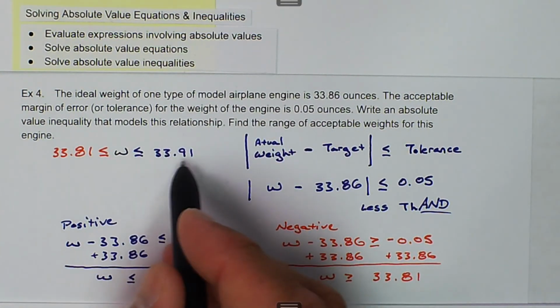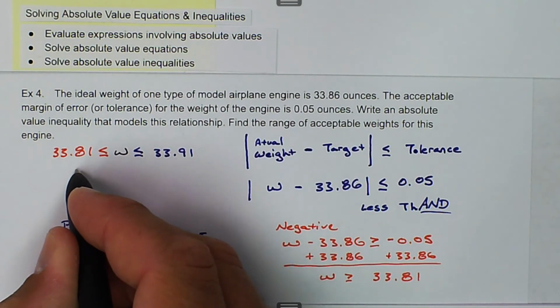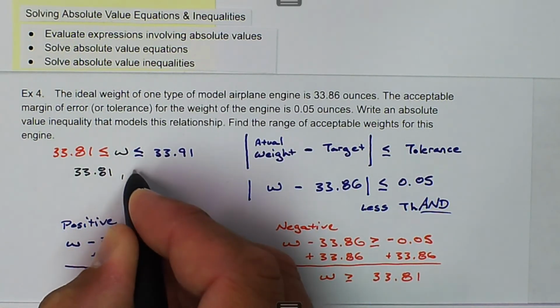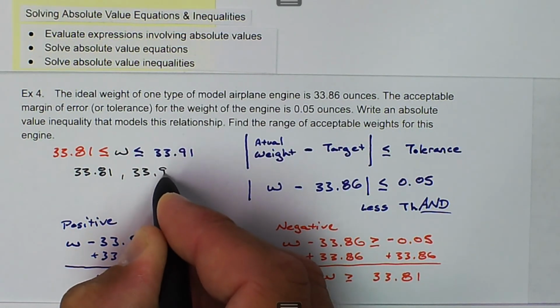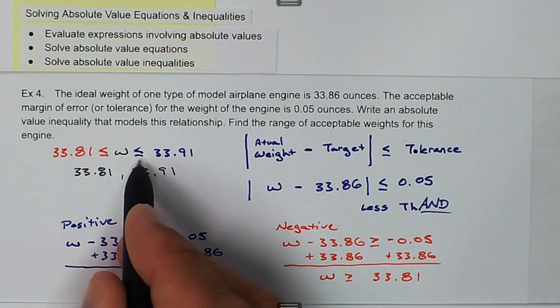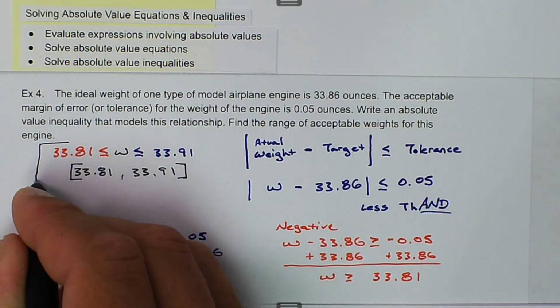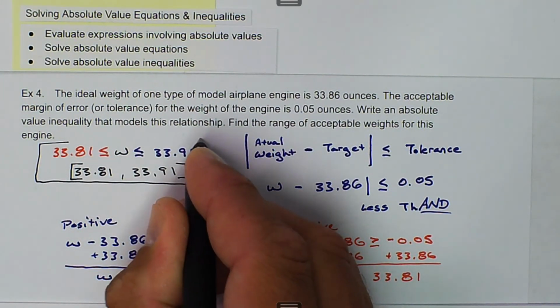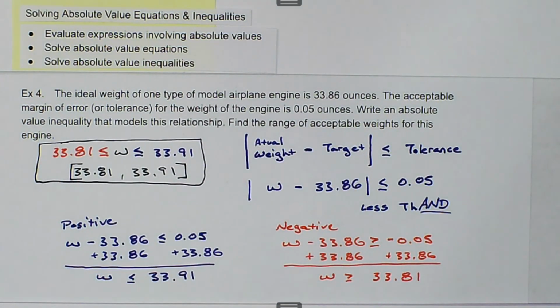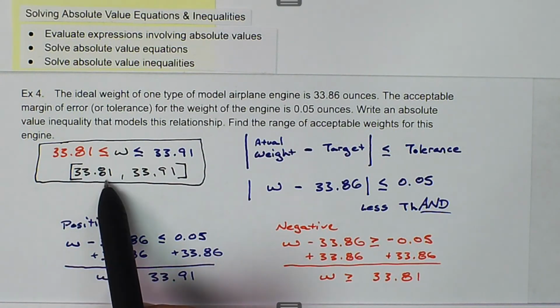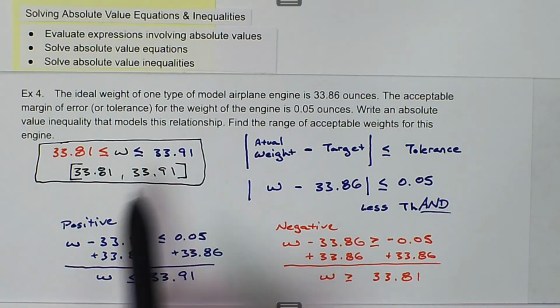Basically, we're just going to write down our two boundaries here, 33.81 and 33.91, and because these both have equal signs, these are both included. So any acceptable engine can be between 33.81 and 33.91 ounces.